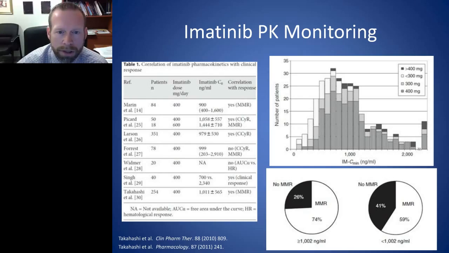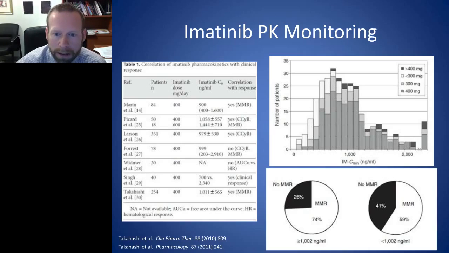You'll see concentrations here of 900, 1,000, just shy of 1,000, 999, just a little over 1,000. And in each of these cases, with the exception of these two studies by Forrest and Widmer, all the other ones show a correlation of the trough concentration with response, whether that's complete cytogenetic response or major molecular response.